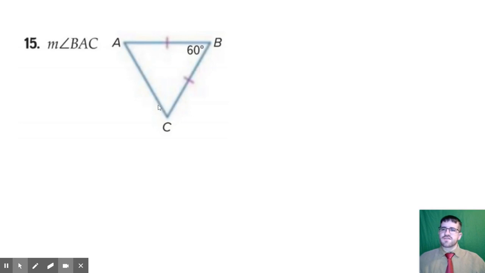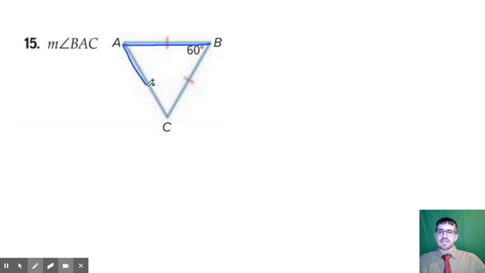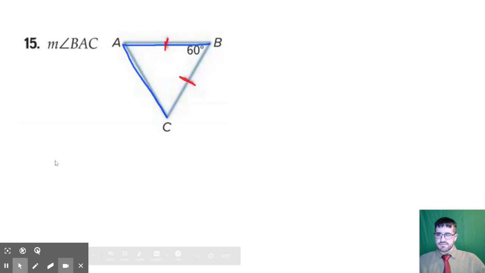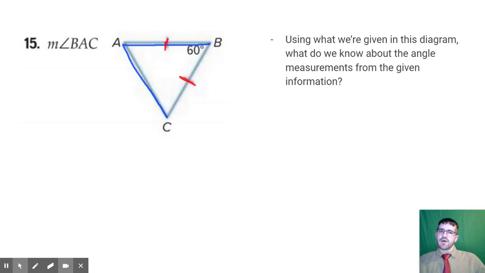All right, so for question 15, we want to figure out the measure of angle BAC. We have angle BAC here, and we're trying to figure out its measure, given that angle B is 60 degrees, and that segments AB and AC are congruent. So using what we're given in this diagram, what do we know about the angle measurements?